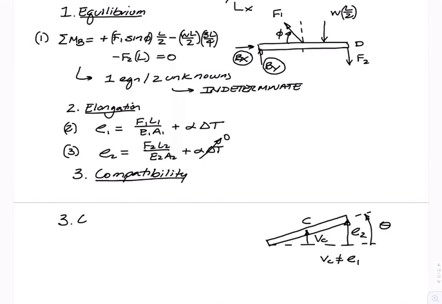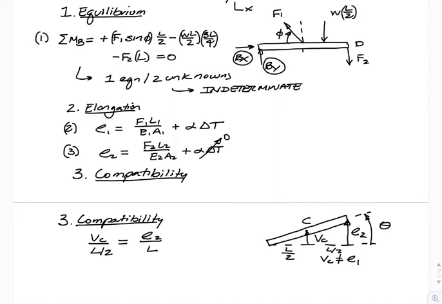So for compatibility, we will say that from similar triangles, VC divided by L over 2 is equal to E2 divided by L. This is L over 2. This is L over 2.